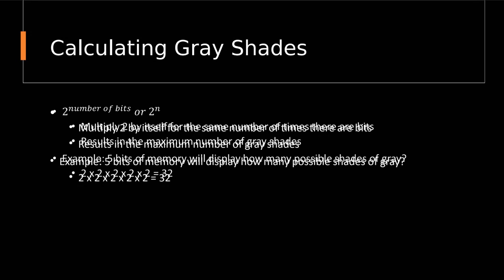And that would give you the number of gray shades in that picture. For example, if they tell you that there's 5 bits of memory in that picture, how many shades of gray are going to be possible in terms of being displayed on that screen? You would do 2 times 2 times 2 times 2 times 2. So 2 times 2, 5 times. And as you calculate that, you would get 32 possible shades of gray from a picture that has 5 bits of computer memory.